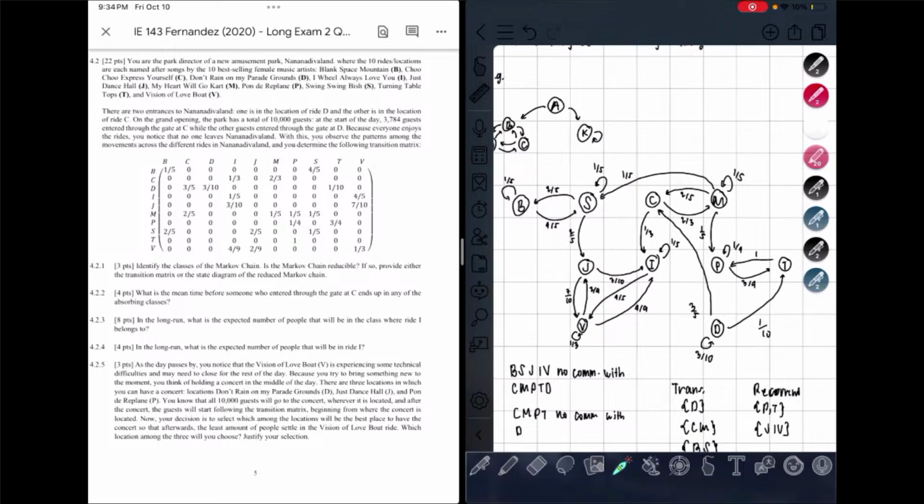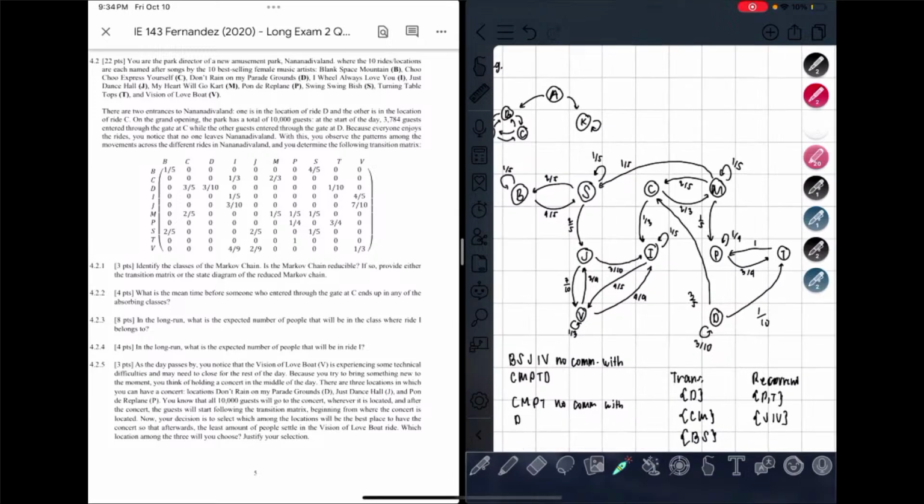is this reducible? If you look at it, you have, essentially, first some low-hanging fruit observations. D is transient because there's no way to get to D from the rest of the state diagram.